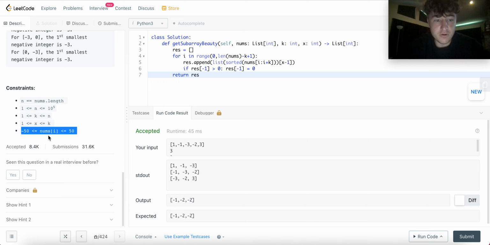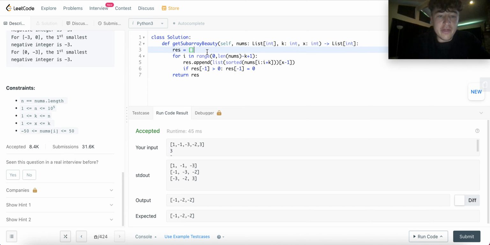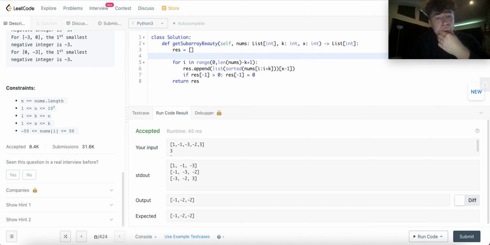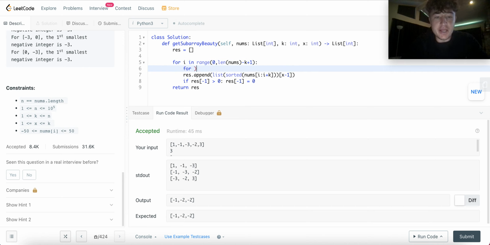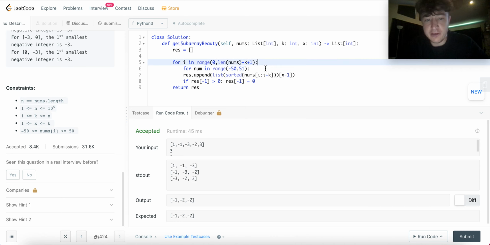We know that our numbers are only going to go between -50 and 50, so the range of numbers is -50 to 50, 51 because it stops one before the end.